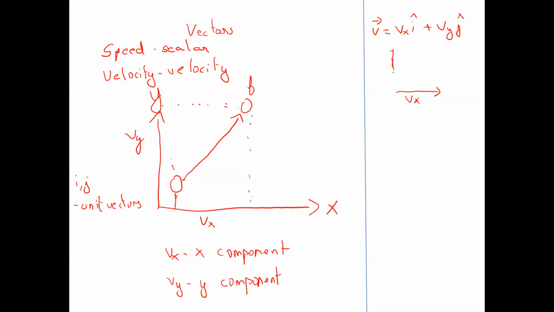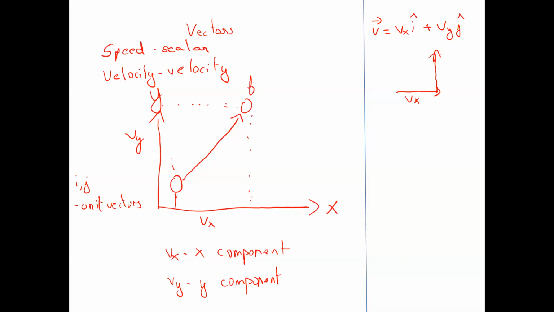Now you can displace this vector from here to here. It doesn't affect the vector as long as you don't change its angle with respect to the other vector and you don't change its length. Otherwise, the vector remains the same. So you can pull it out to be here.